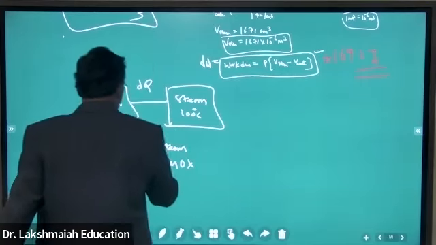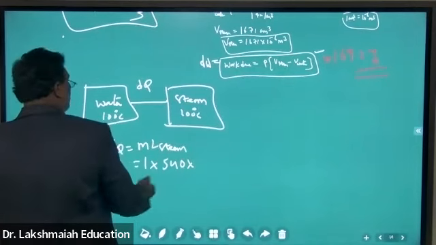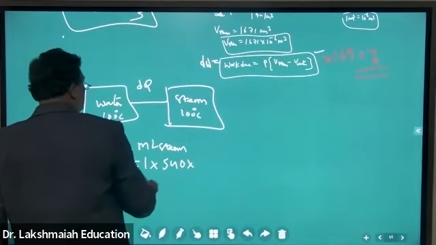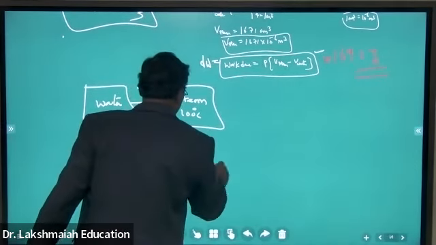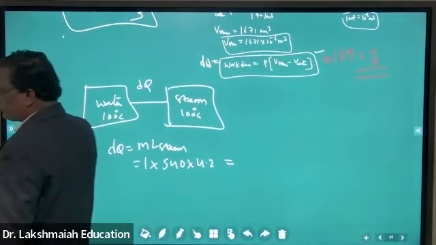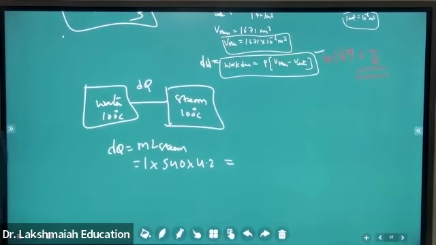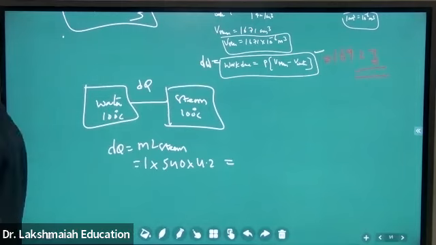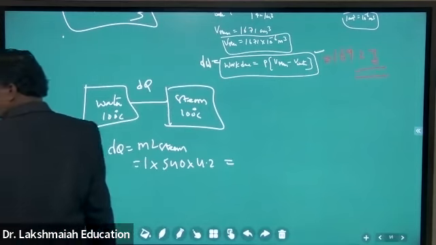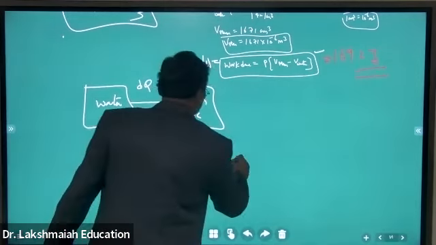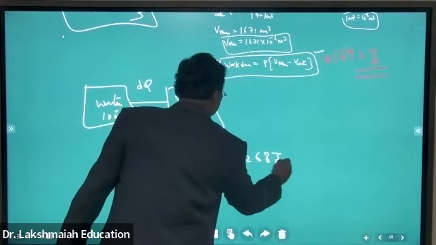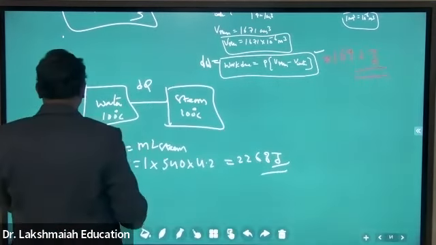Yes, sir. 540 calorie per gram, which we convert into joules by multiplying with 4.2. So 540 into 4.2 gives 2268 joules. This is dQ.